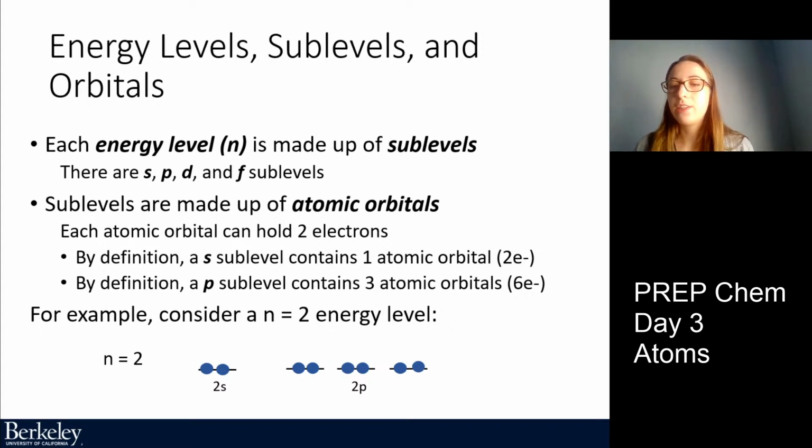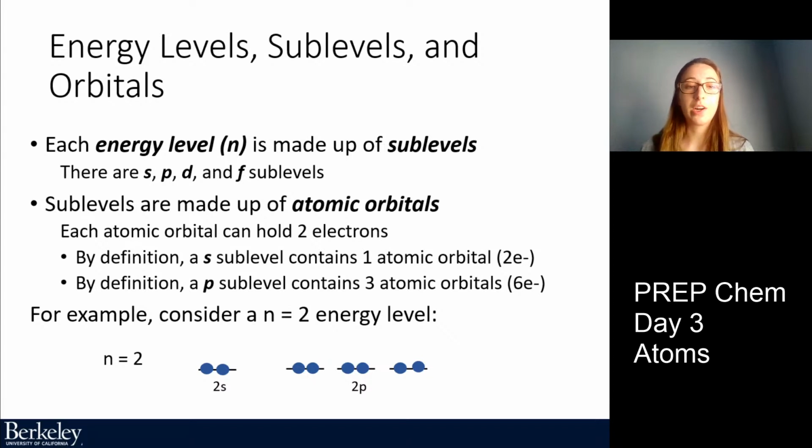Okay, yeah, so I said that there are only a maximum of 8 electrons, but then I showed a slide that had 6 electrons in the P sublevel. What I mean is that there are a maximum of 8 electrons in each energy level, and an energy level is made up of different sublevels. So for example, on the second energy level, we know there's 2 electrons in the s sublevel, and there's 6 electrons in the p sublevel.